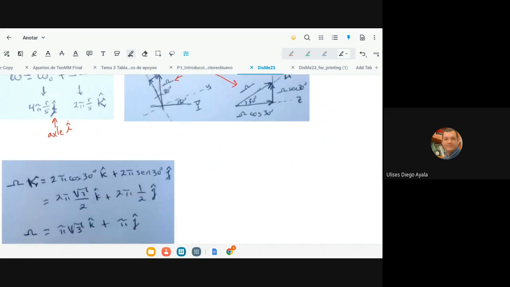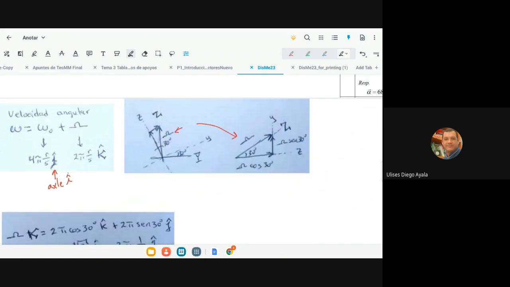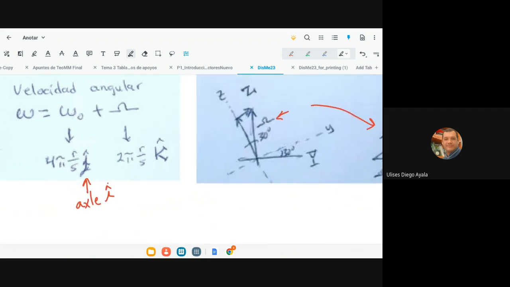The reason for that is because you must always have the addition or the multiplication or the product with the same axle. All of them must be in the same axle. So this is the lower letter, and this is the capital letter. Esta es minúscula y esta es mayúscula.